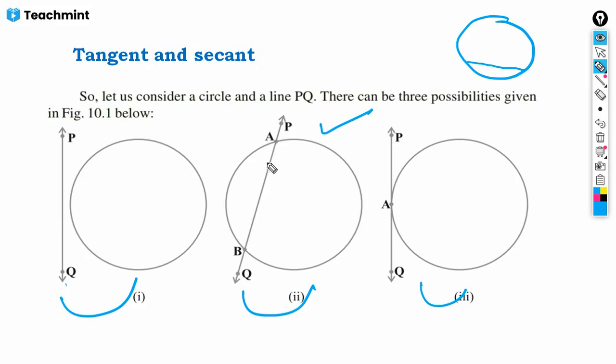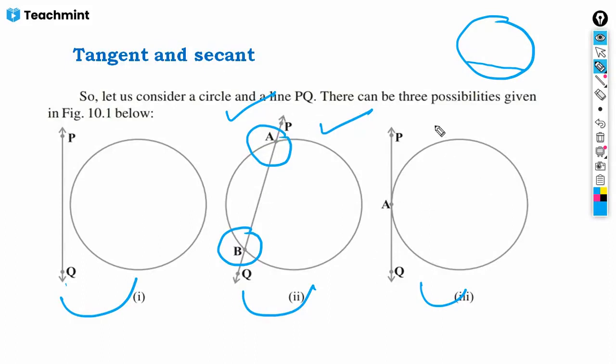At how many points has it intersected? Two points. Yes, it has been intersected at point A, and it has also intersected at a point where? A and B. So there is another kind of name for this line. We are going to see that name in the next part.